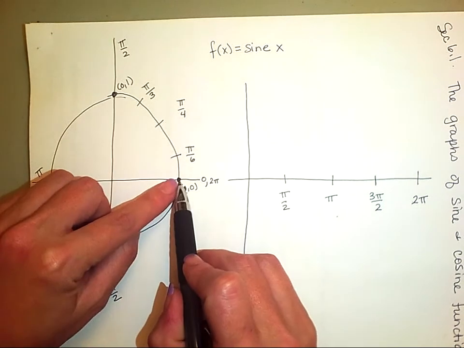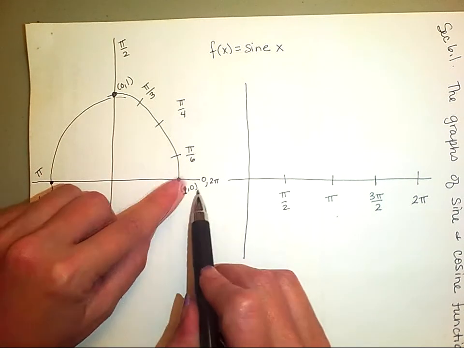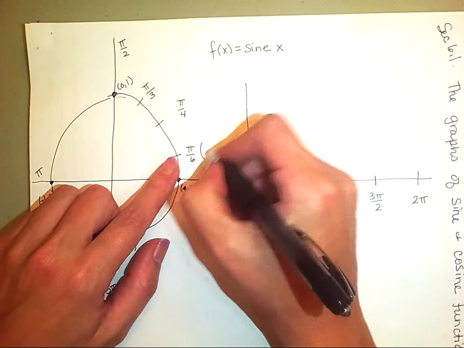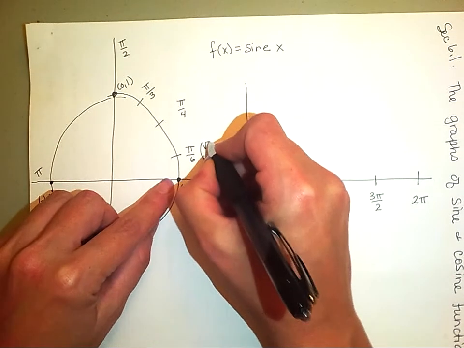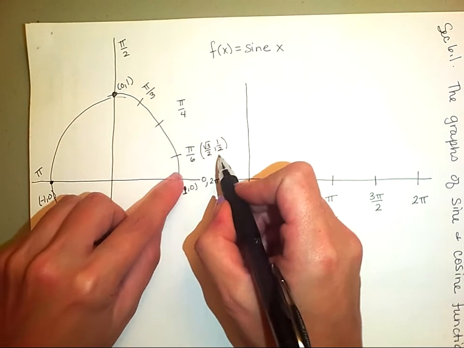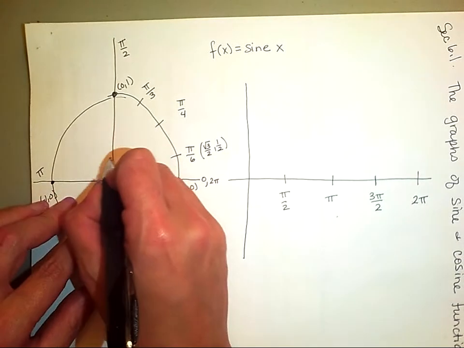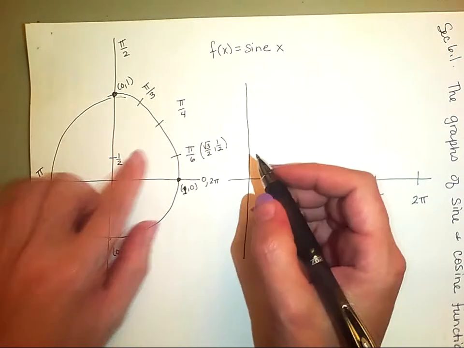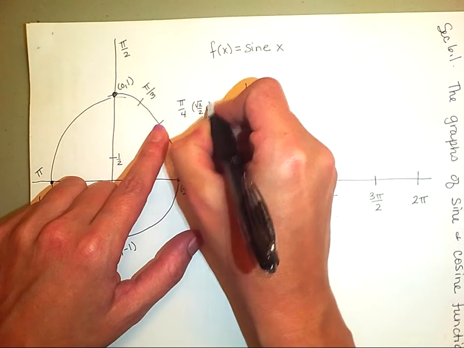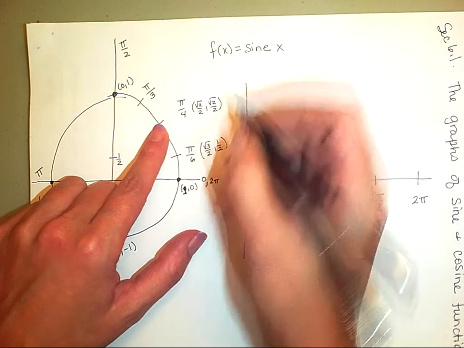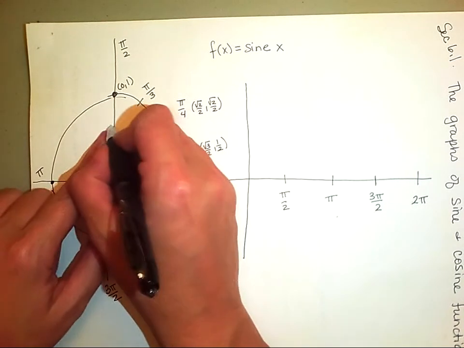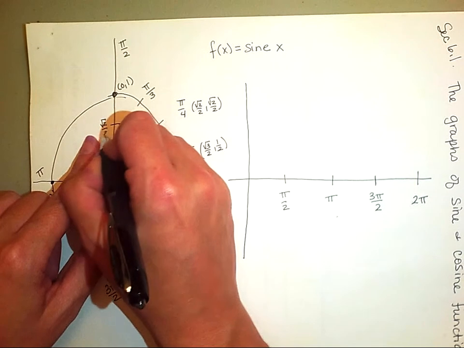So when I start at the angle of 0, sine is 0. Here, this is the point with the long triangle side, square root of 3 over 2, 1/2. Here, the sine has increased to 1/2. When I get to here, this is square root of 2 over 2, square root of 2 over 2. So as I get to the angle pi over 4, the sine has increased to root 2 over 2.